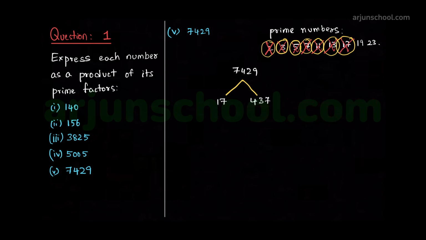Let us try the next prime number 19. When we divide 437 by 19, we get 23, leaving no remainder. Therefore 19 is a factor for 437. Now we have 23. 23 is already a prime number. Therefore the prime factors of 7429 are 17, 19 and 23. Therefore 7429 can be written as 17 times 19 times 23.